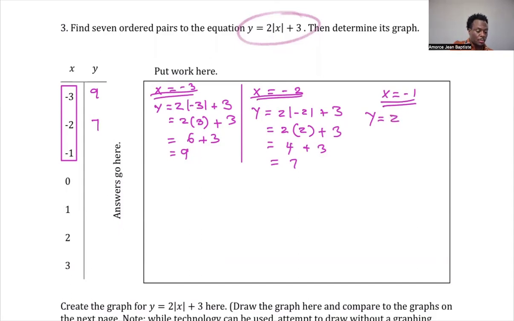So that's 2 absolute value of negative 1 plus 3. The absolute value of negative 1 is its opposite, so that's positive 1. So 2 times 1 plus 3 equals 5. So this is 5. Now we're going to switch to the graphing calculator and show you how to use it to do the same thing.